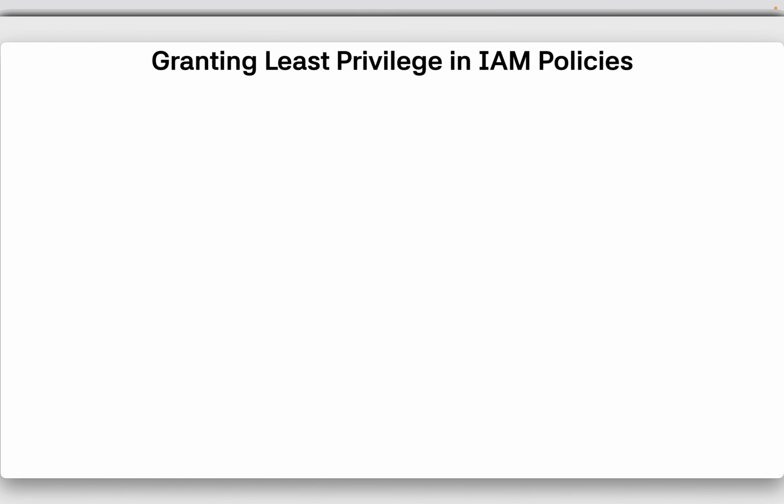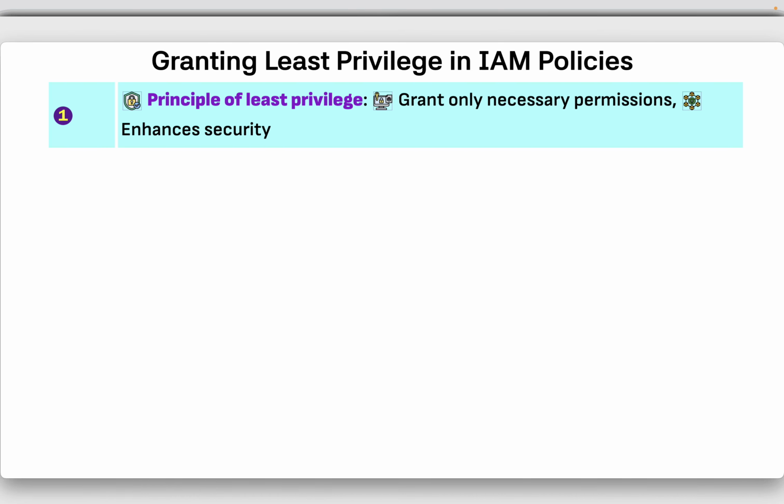Next topic is granting least privilege in IAM policies. The principle of least privilege emphasizes granting only the permissions necessary for a user or role to perform their tasks, enhancing security. I'm just talking about one of the best practices when it comes to IAM.